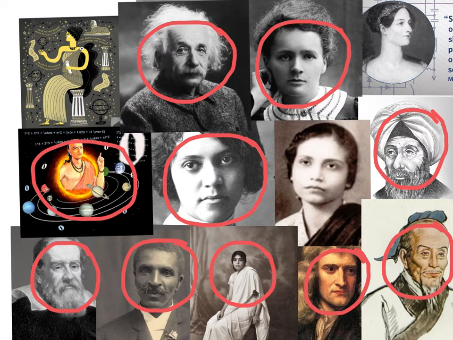The oldest of all, Hypatia, 355 to 415, Alexandria, mathematician, astronomer, and philosopher who lived in a very turbulent era of Alexandria's history.